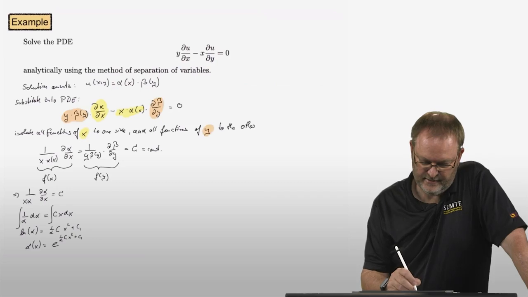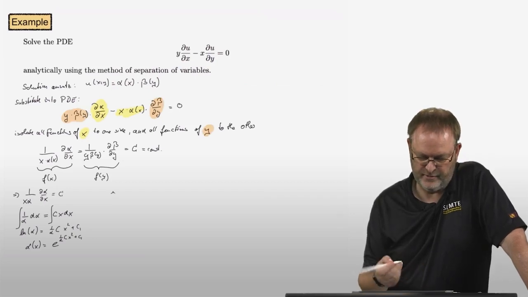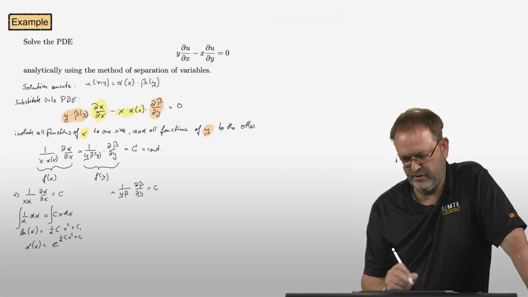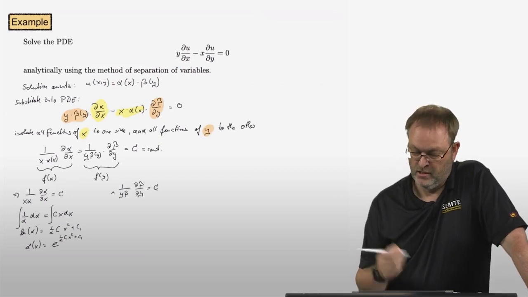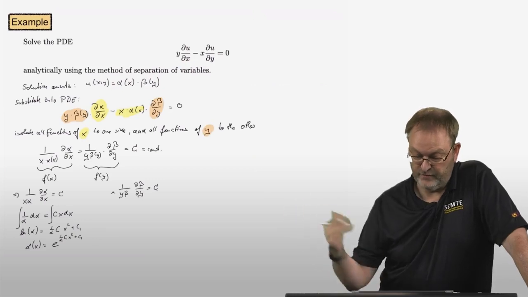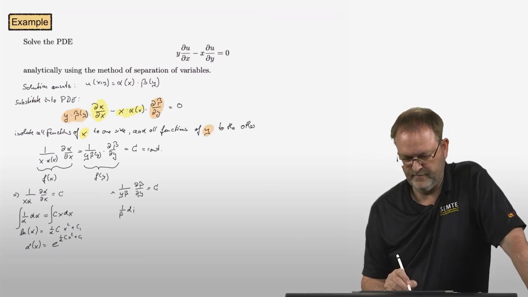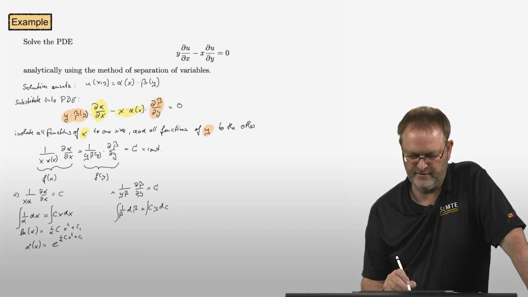Let's look at the function of y. So this has to be true as well. So I have 1 over y times beta d beta dy is equal to the same constant c. Let's bring the y's over to the right-hand side. So I have 1 over beta d beta is equal to c times y dy. Let me integrate both sides.